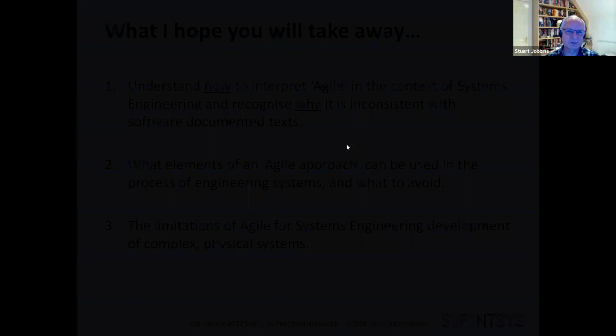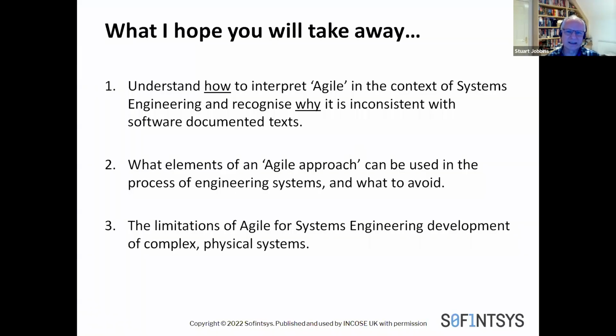So what are you going to see? Well, what I want you to take away is what Agile really means in the context of systems engineering, and recognize why that's different to the software documented texts. It's about context, ultimately. So we'll explore what elements of an Agile approach can be used in the process of engineering systems, and what you should avoid.